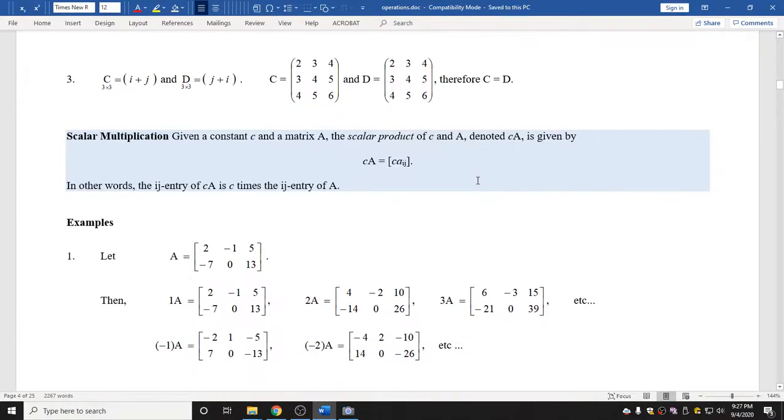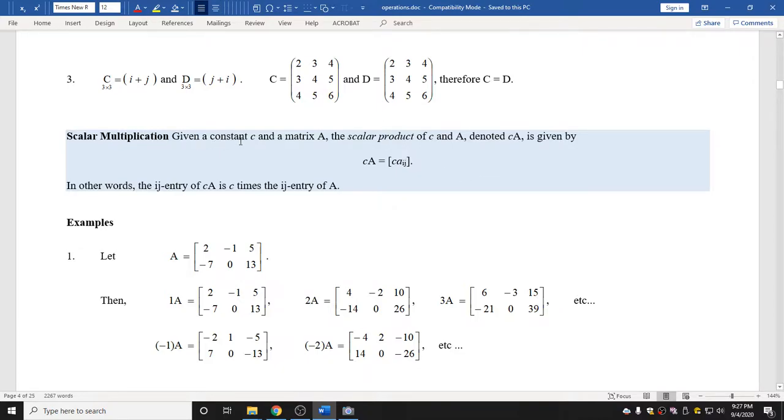Okay, scalar multiplication. When you have a matrix and each of its entries are multiplied by the same number, you call that operation scalar multiplication.